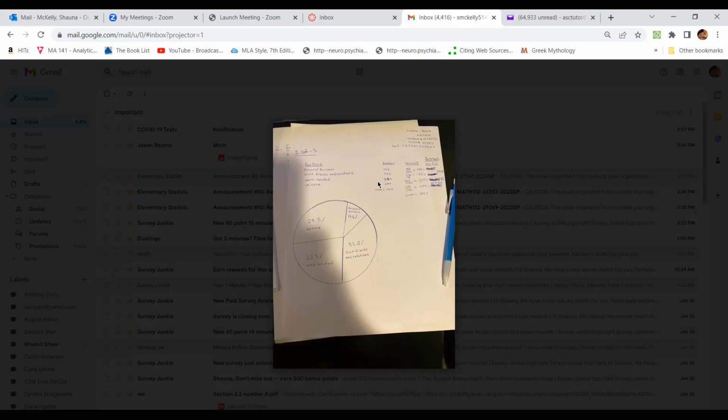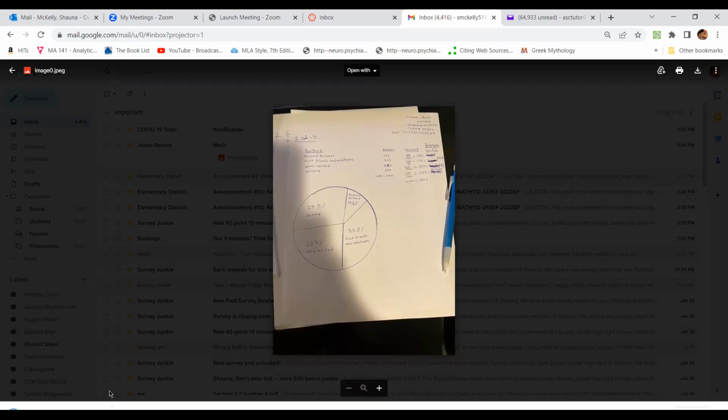The only other thing I can think of is maybe that was supposed to be a 29.4 and you have 29.6, but I think it's just a decimal rounding problem.